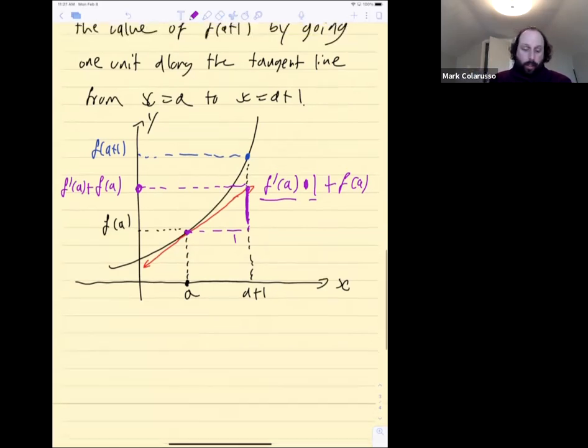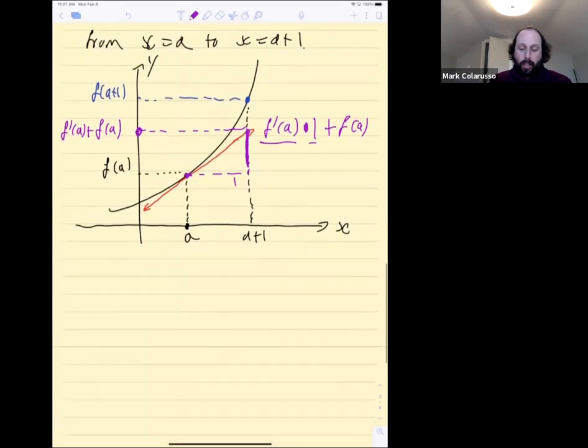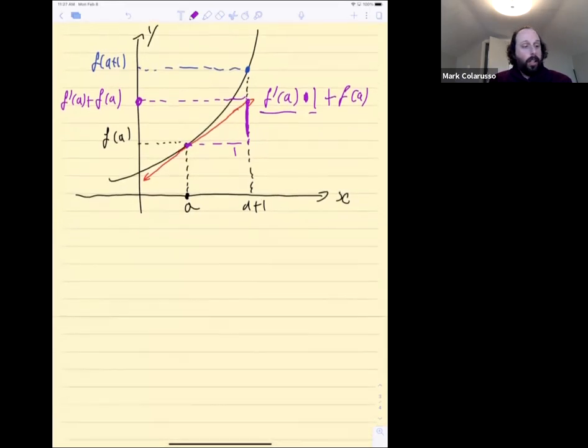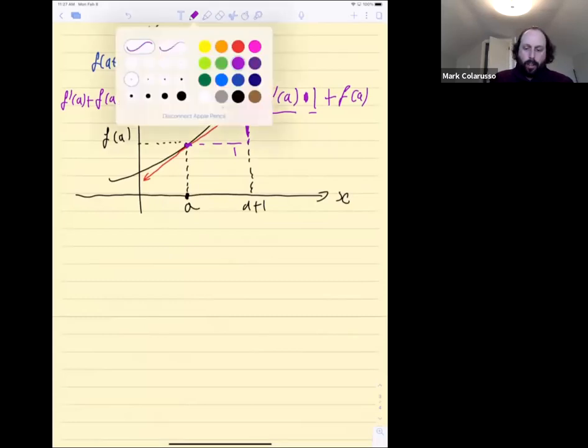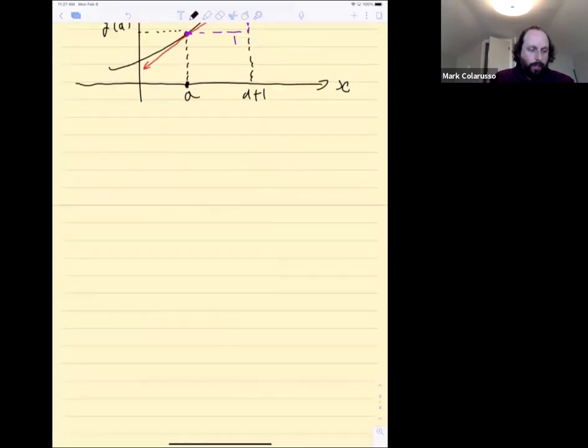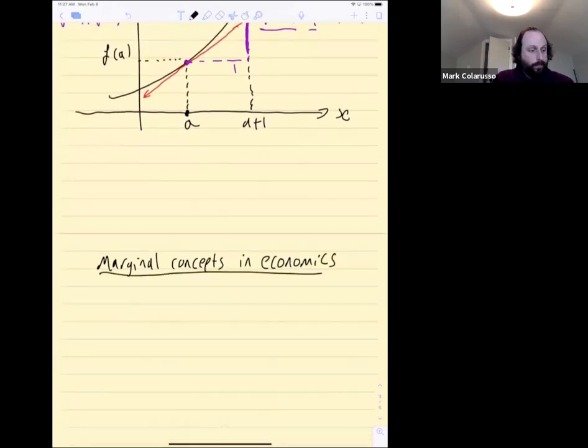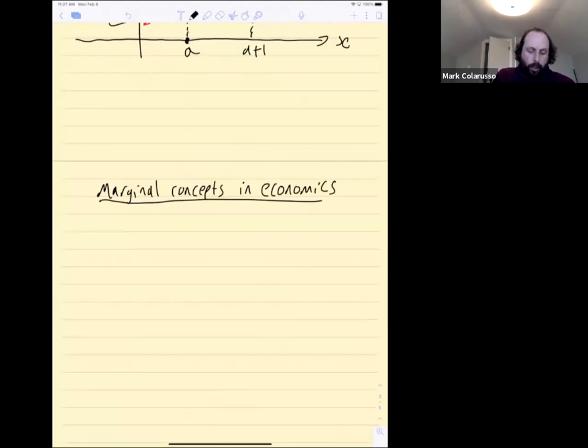Okay, so where does this come up in applications? I gave you this silly car example, but let's do something a little more serious. In economics, you have these marginal concepts. If you're interested in business, this will be important for you. So you have different functions. The cost function, which we'll denote by C of x.